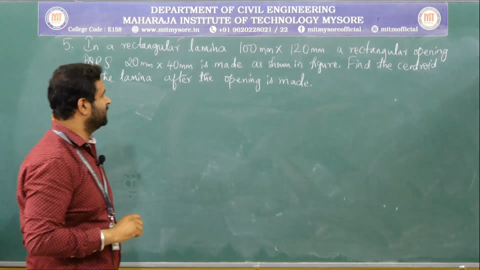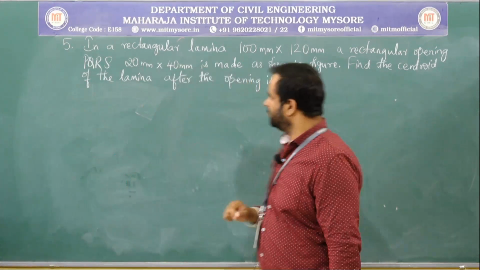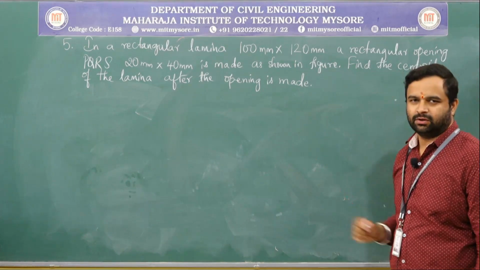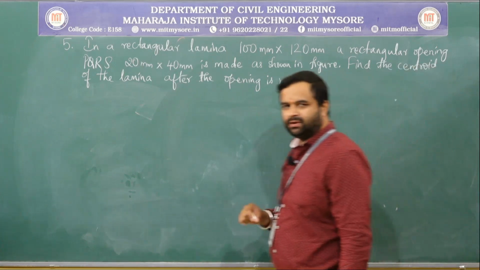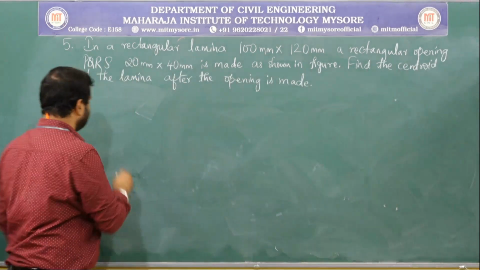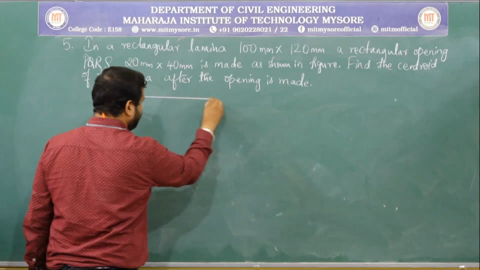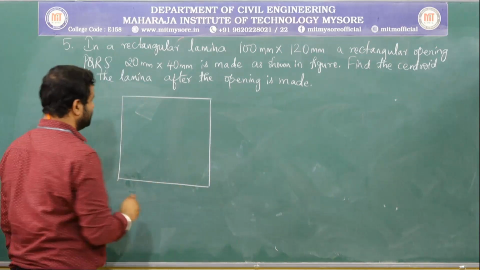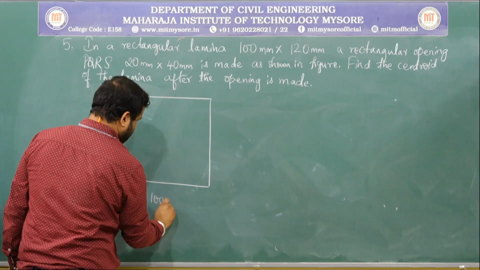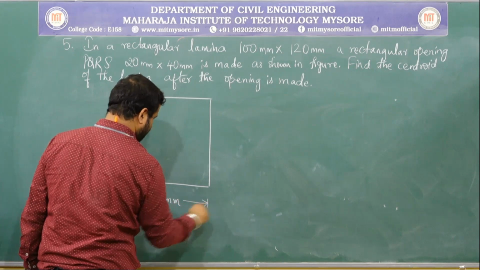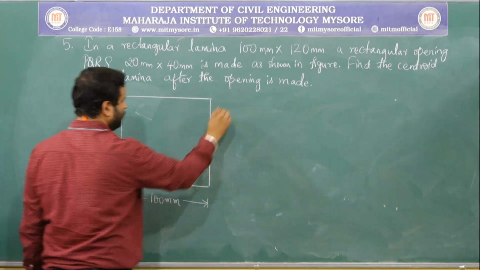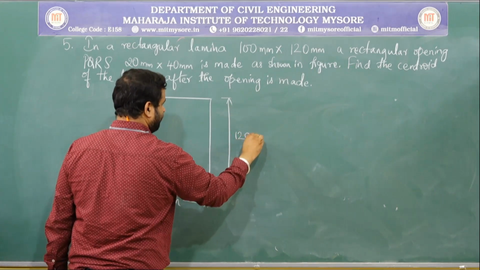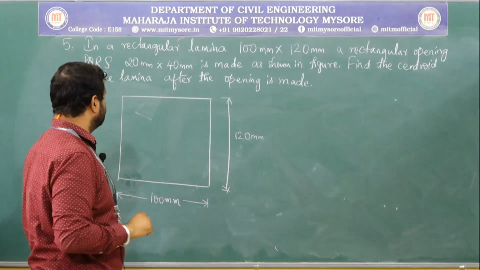In a rectangular lamina of 100 mm by 120 mm, a rectangular opening of PQRS of size 20 mm by 40 mm is made as shown in figure. Let me draw the figure. Find the centroid of the lamina after that cut is made. So, this is the rectangular lamina of size 100 mm by 120 mm. Okay.